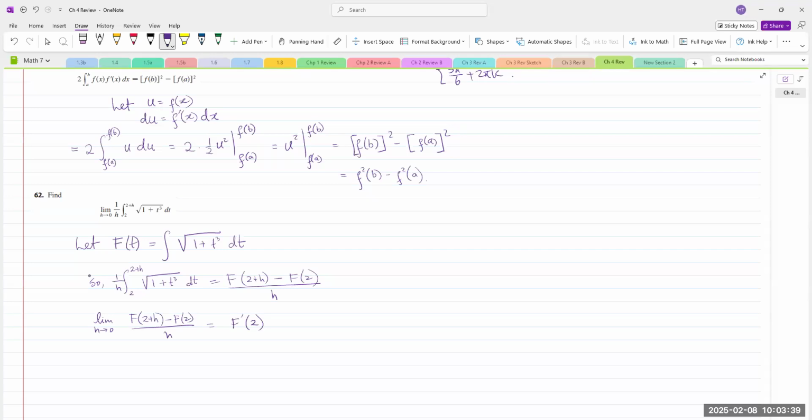But the derivative of that function F prime t is just the integrand, right?